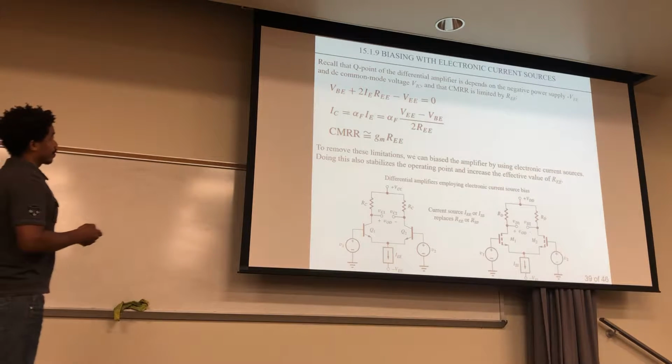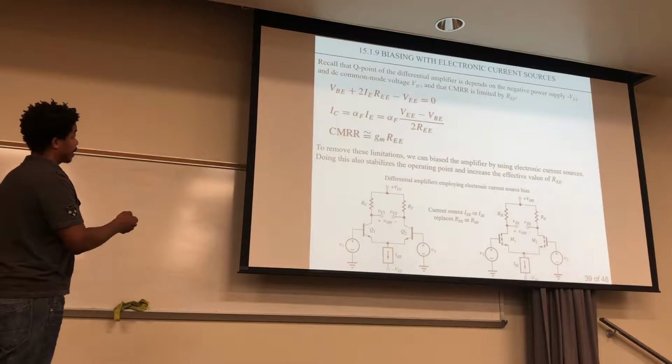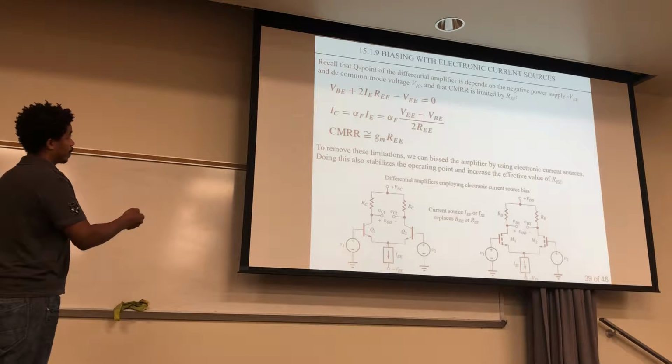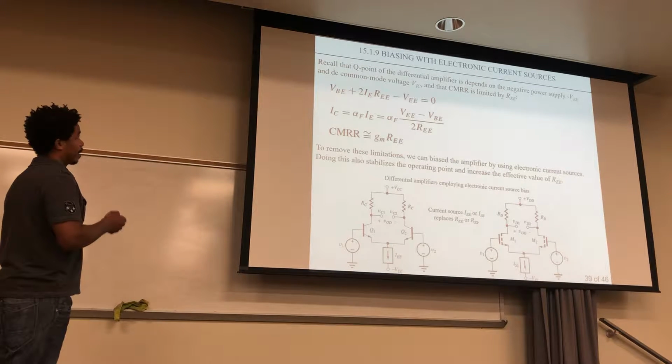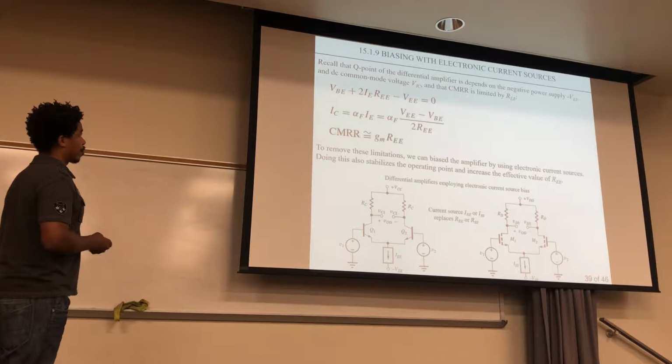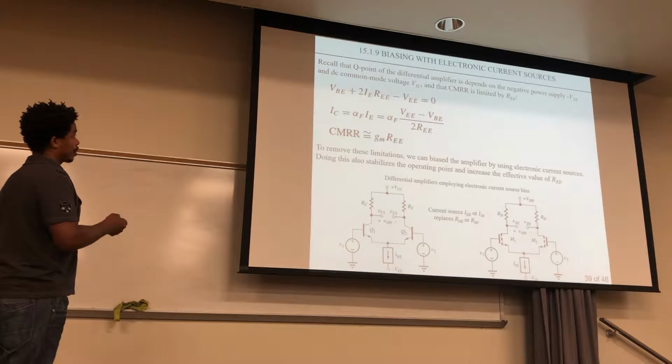You can see that right here, the VEE in that equation, showing its dependence for the Q point, and for the common mode rejection ratio, we have this RE.